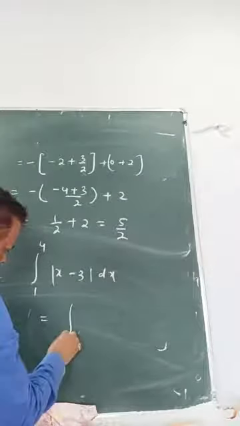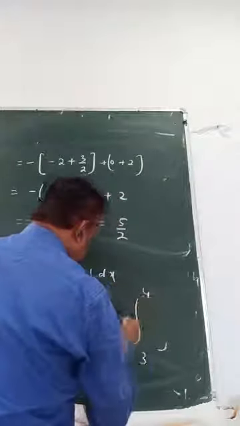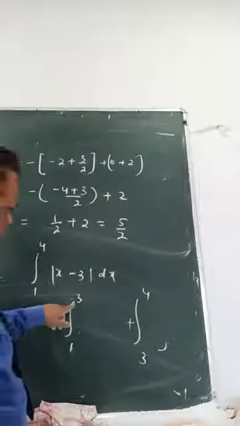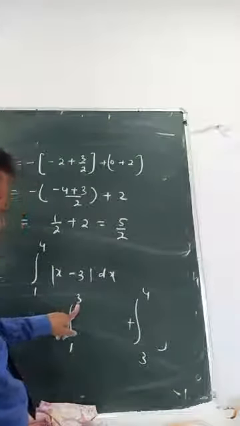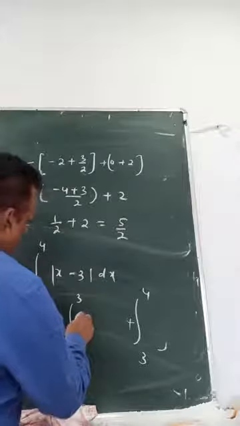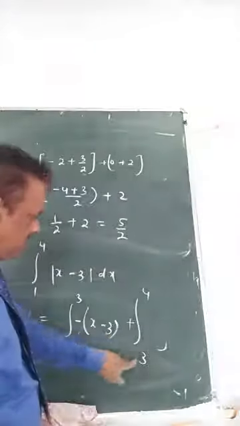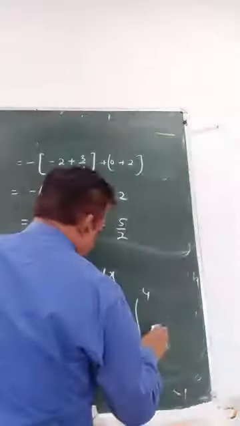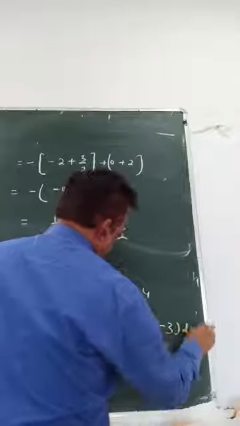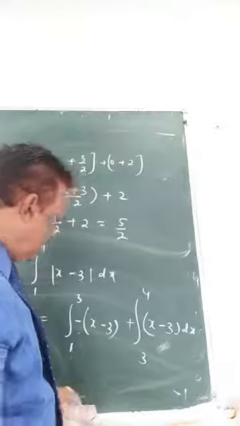So 1 to 3, 3 to 4. 1 to 3 means x minus 3 is less than 0. When x minus 3 is less than 0, this will be minus of x minus 3. Otherwise, when it is greater than 0, this will be x minus 3.